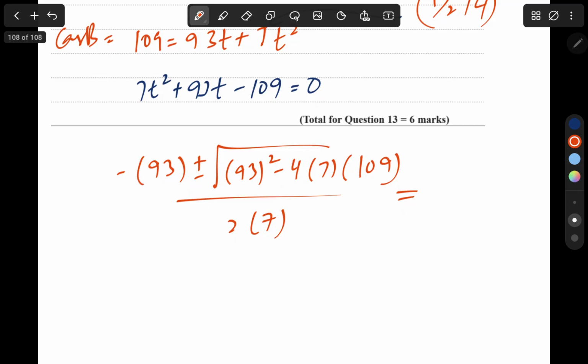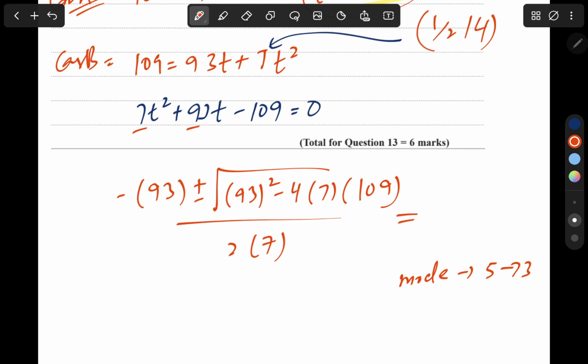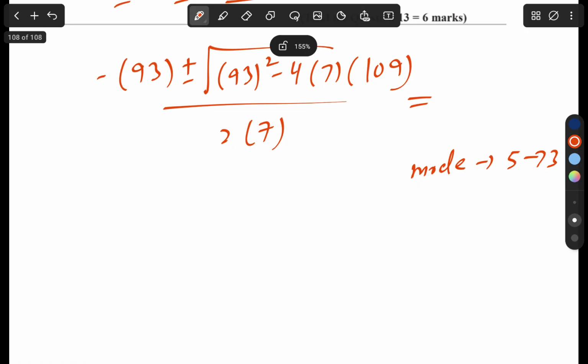You can simply press your mode button, press mode 5, then you press 3, and then you put in 7, 93 and negative 109. Press equals to.